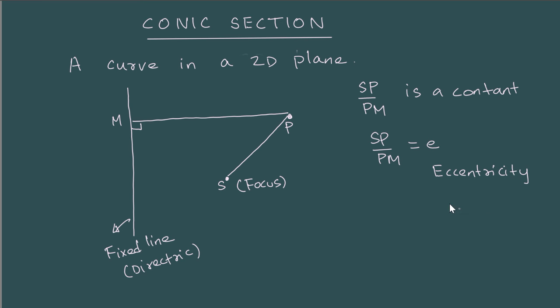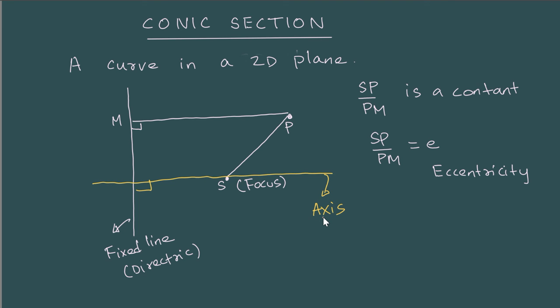If you take a line that passes through the focus and is perpendicular to the directrix, this line is the axis of the conic section.